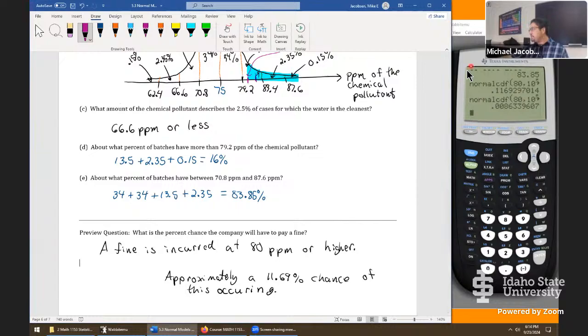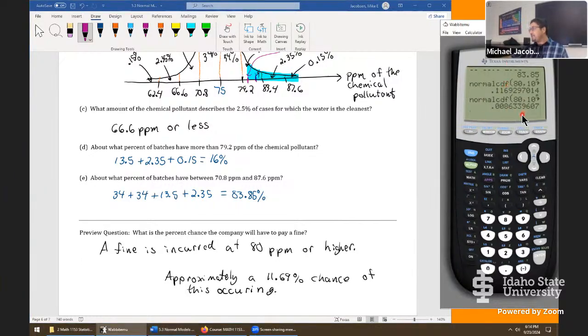Okay, this is what we're going to be doing in the next section. And what makes it all tricky is you'll observe that the calculator, the TI-84 Plus, really feels like a black box. Normal CDF, we didn't even say what CDF means. Let's say it here.